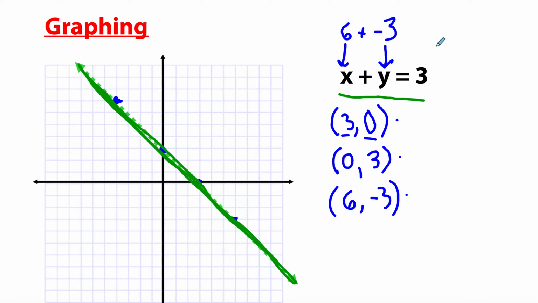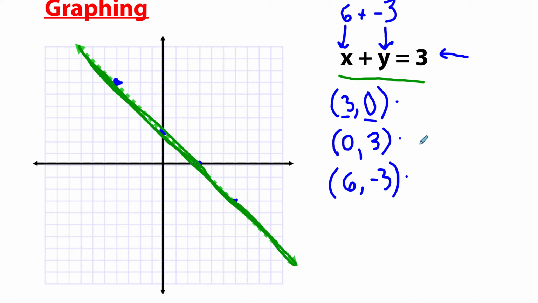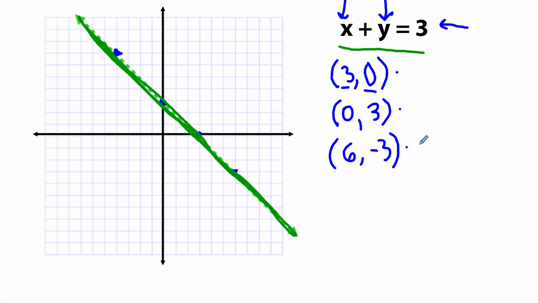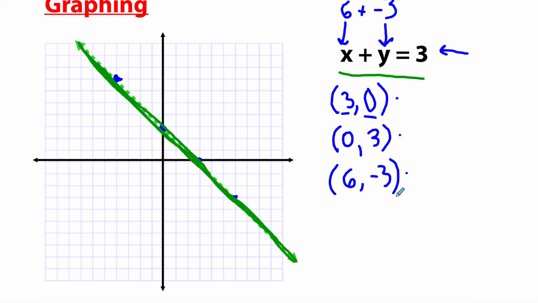So that's what a line is. A line is just a visual of every single x and y coordinate that would make an equation true, like this one. And there's a standard form for those equations, and that, of course, is the slope-intercept form. The slope-intercept form for a line is y equals mx plus b.